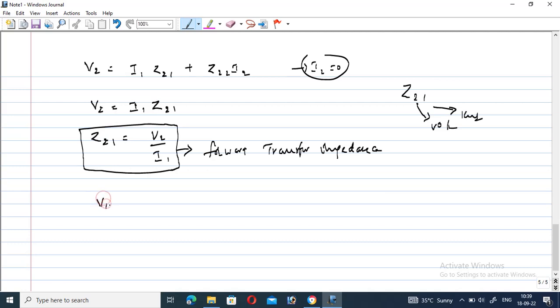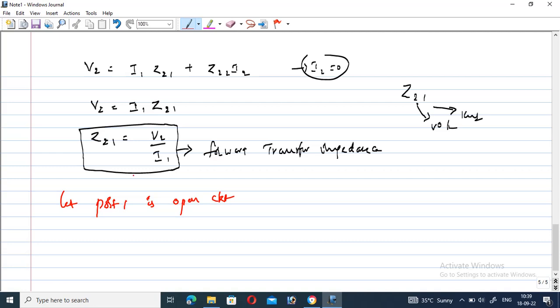So let us rewrite this equation. V1 is equal to... sorry, if you are considering port 2 equal to 0, let port 1 be open circuit. So what happens when port 1 is open circuit?